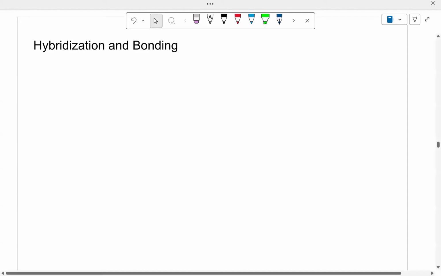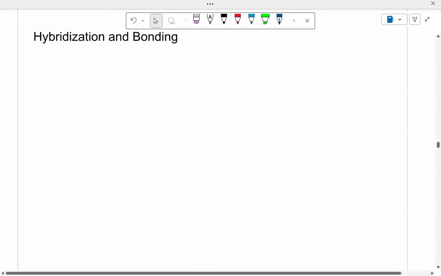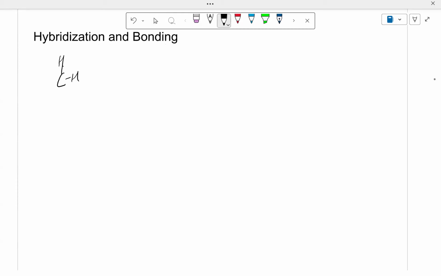Now, where does this concept of hybridization come from? Let's take one of the simplest organic molecules, methane, CH4. If we go all the way back to general chemistry and VSEPR theory, which I'll talk a little bit more about, that carbon has four regions of electron density.